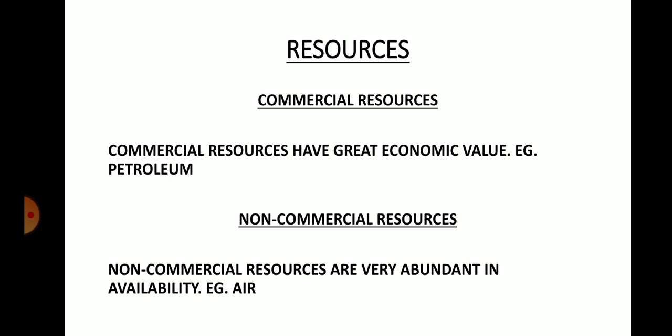When the economic value of any resource is very high, we call it a commercial resource because it yields a lot of money. Example, petroleum. Petroleum is a commercial resource because it has great economic value. It has great money value.